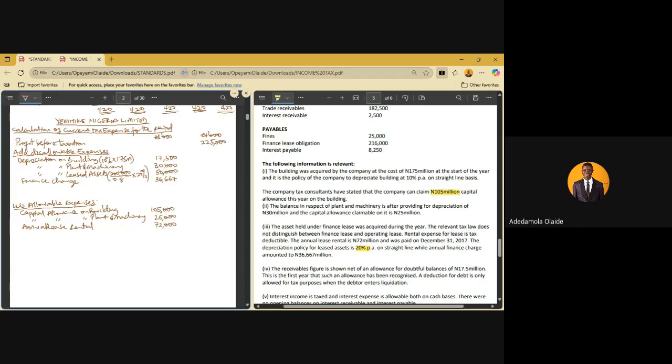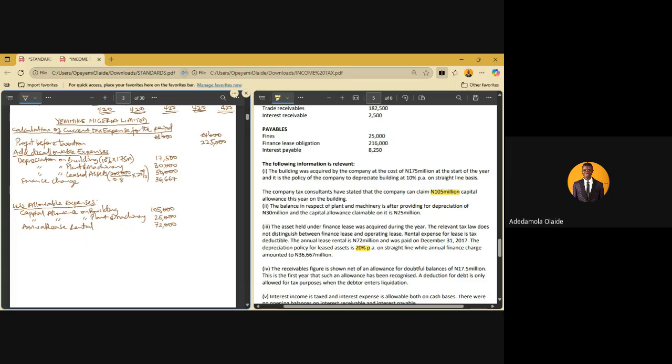Okay. They said the receivables figure is shown net of an allowance for doubtful balances of 17.5 million. This is the first year that such an allowance has been recognized. A deduction of debt is only allowed for tax purposes when the debtor enters liquidation. So they've created an allowance for doubtful debt, but the tax law only recognizes deduction from receivables when the debtor has entered liquidation, that is, when the debt has become bad.